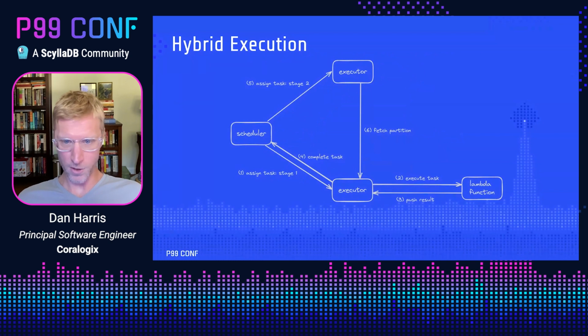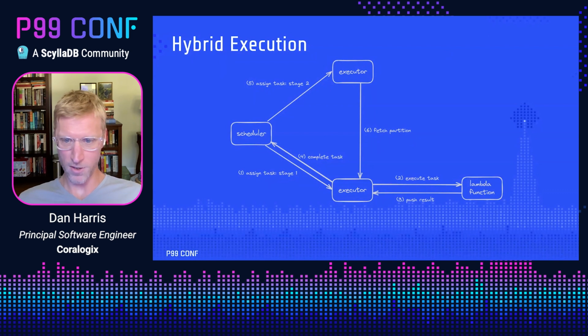So instead of the scheduler dispatching these tasks to Lambda functions directly, we have to have this proxy layer in between. This is an executor that has the special role of just dispatching tasks to Lambda functions. And this can actually be transparent to the scheduler. The executor can do this on its own without the scheduler having to know whether a task it's sending to the executor is going to be executed on Lambda or on EC2.